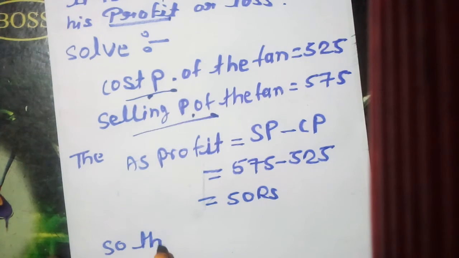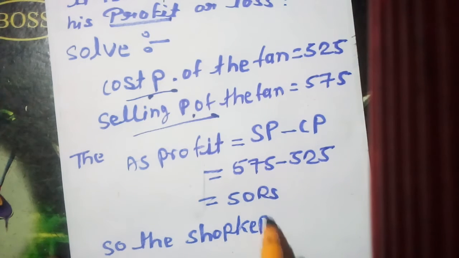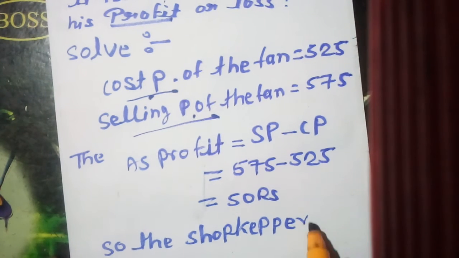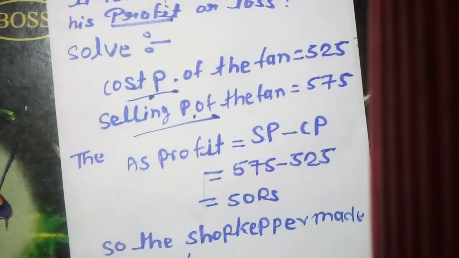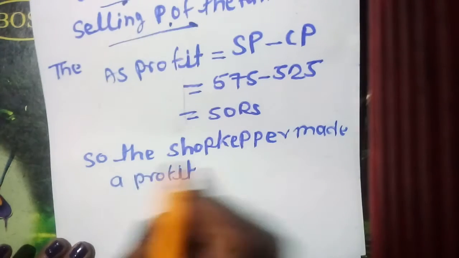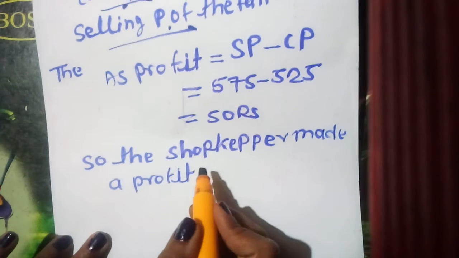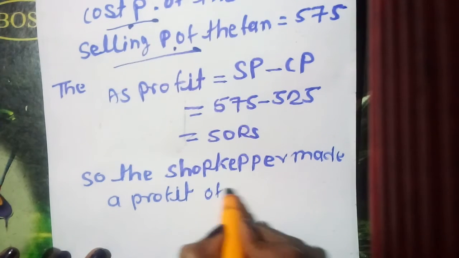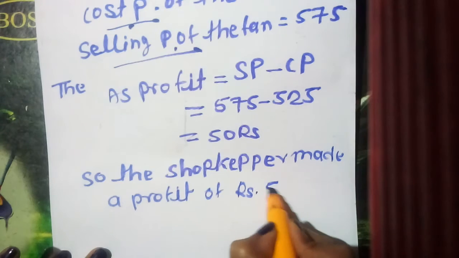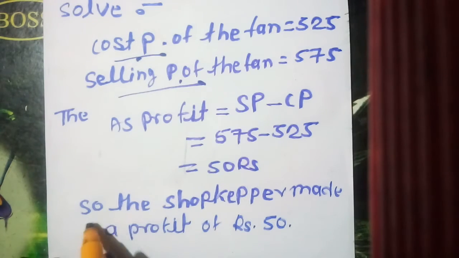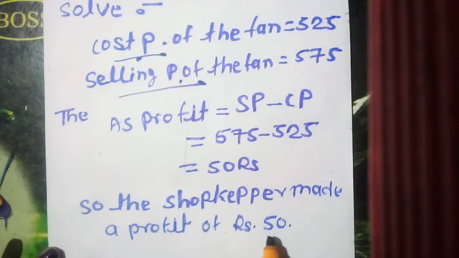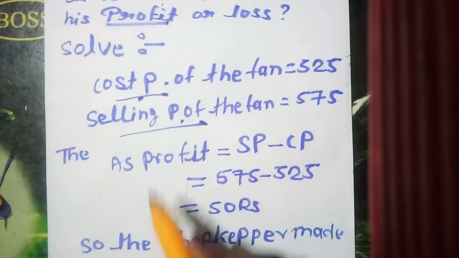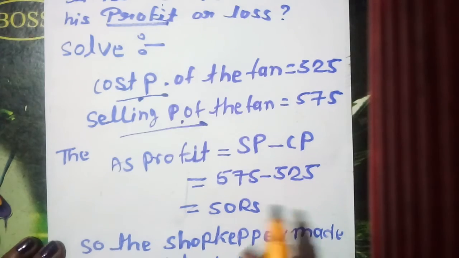So the shopkeeper made a profit of rupees 50. This is a profit question. Next question.